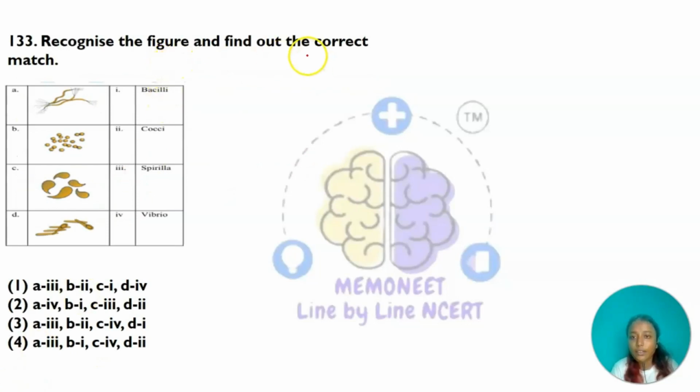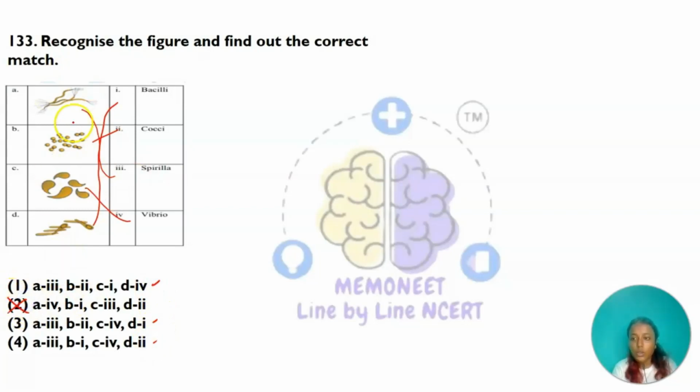Recognize the figure and find out the correct match. Now the circle ones are obviously cocci, and these are spirilla, and these are bacilli, which is rod shape, and these are vibrio. So the correct order of the given one will be A3. I can see three options, which is A3, this and this.